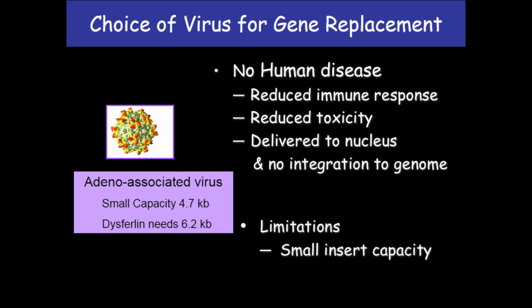Its biggest problem that we've had to face is that it has a small insert capacity. I use an example, it has a capacity less than 5 kb, and for example, the dysferlin gene needs 6.2 kb, and how we deliver that has been a unique process that I'll talk about.